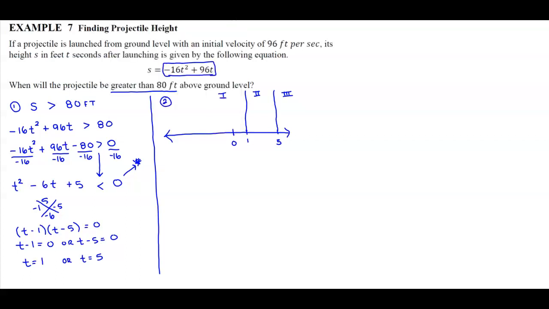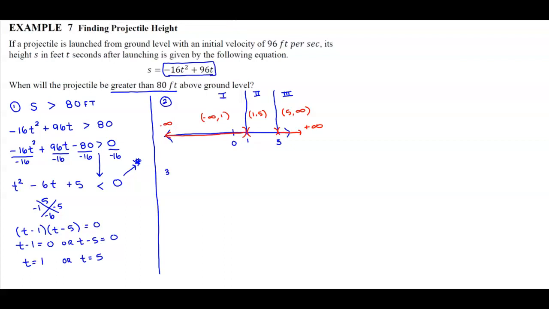We know that we're using the less than symbol, so we have to use parentheses. So it's going towards negative infinity. The first region goes from negative infinity to 1. Region number 2 goes between 1 and 5. And region number 3 goes from 5 to infinity.